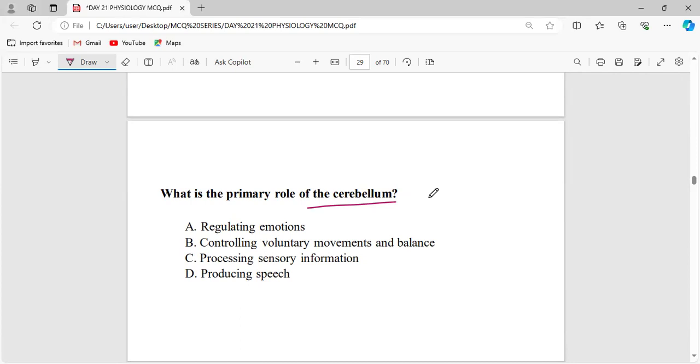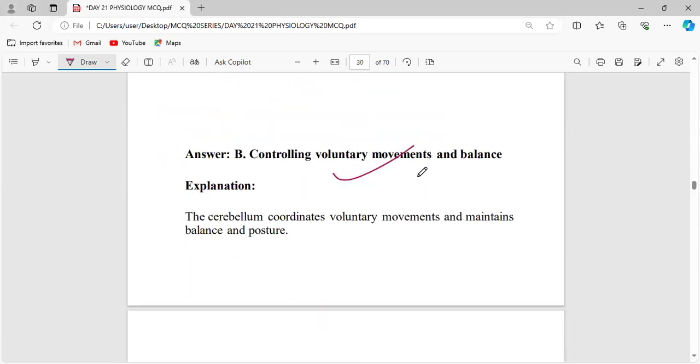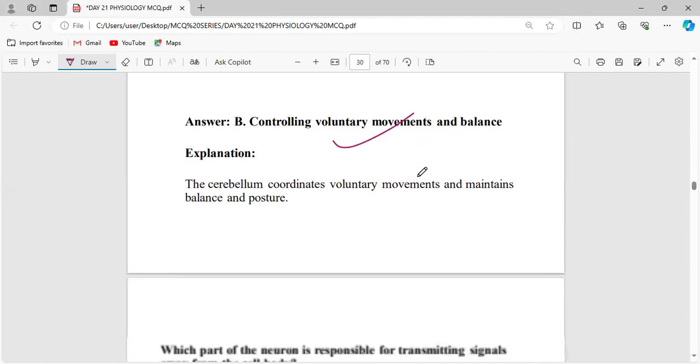Regulating emotions, controlling voluntary movements and balance, processing sensory information, producing speech. That will be controlling voluntary movements and balance, right?